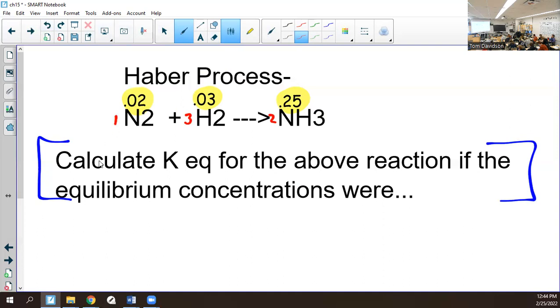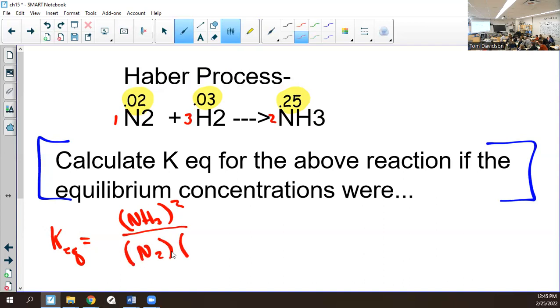Is that what you got? That's a big one. Hey, K is allowed to be huge and really small. Don't panic either way. You're like, I got 10.8 million. Well, that's fine. Or 0.0001.